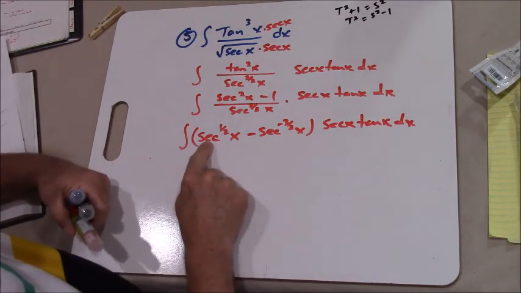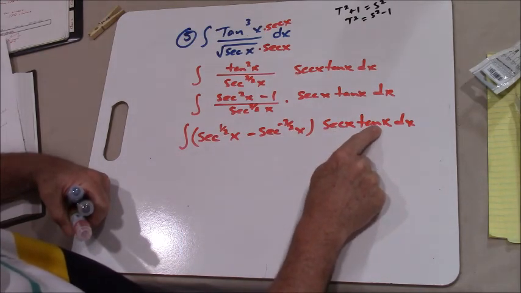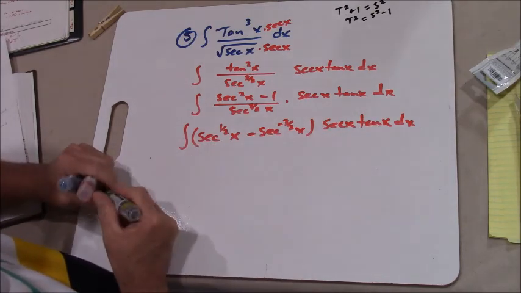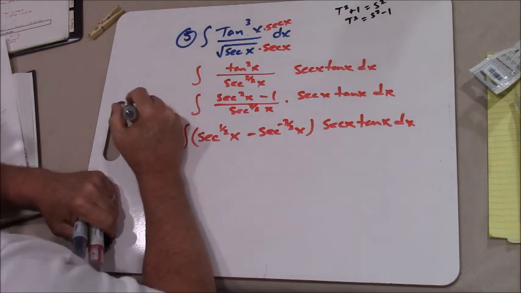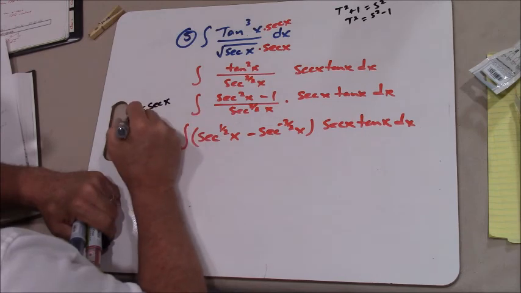So see, what we're doing is, if we let u equal this, then the derivative of secant is secant x tangent x. So I can do my substitution now. I'm not going to write 2 separate integrals. I'm just going to say, let's let u equal a secant of x.